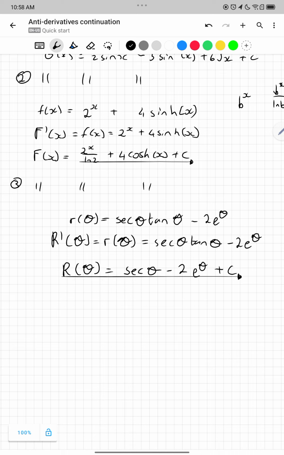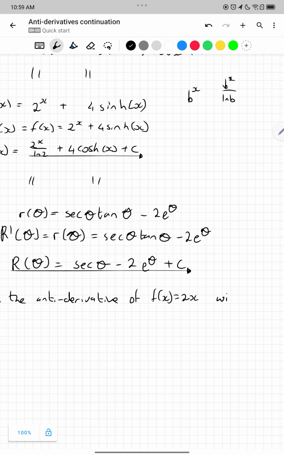And then question 4. Question 4 says find the antiderivative of f of x is equals to 2x with c is equals to 3.